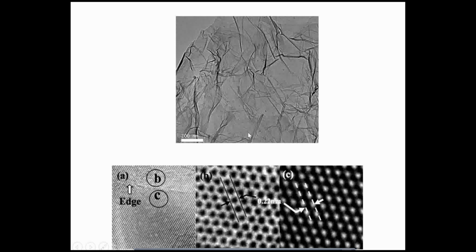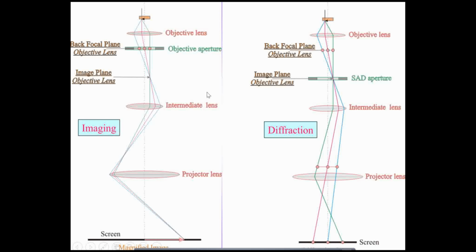Now what is basically happening in TEM is that electrons come out. You accelerate the electrons, and then you have an objective lens, which is an electromagnetic lens, collimating the electrons, and then you have an objective aperture and the back focal plane.